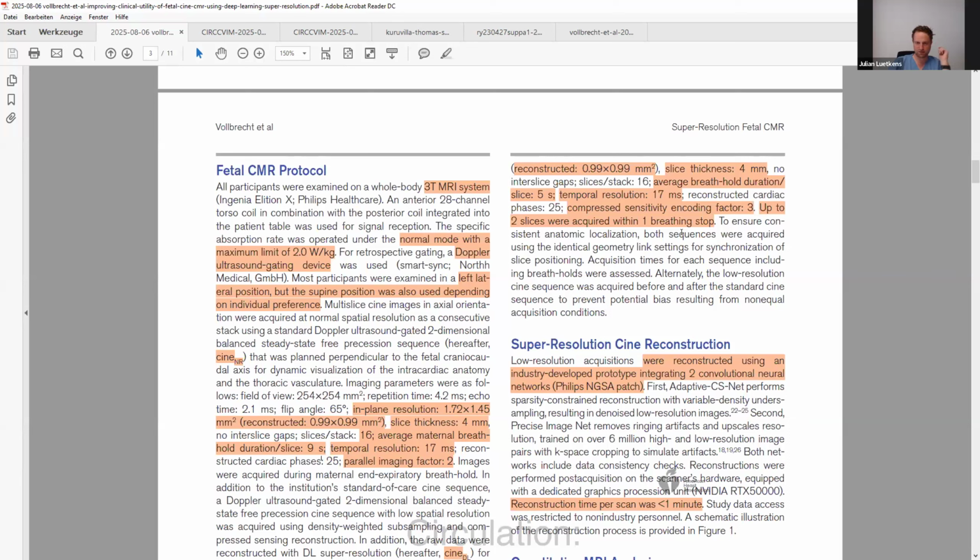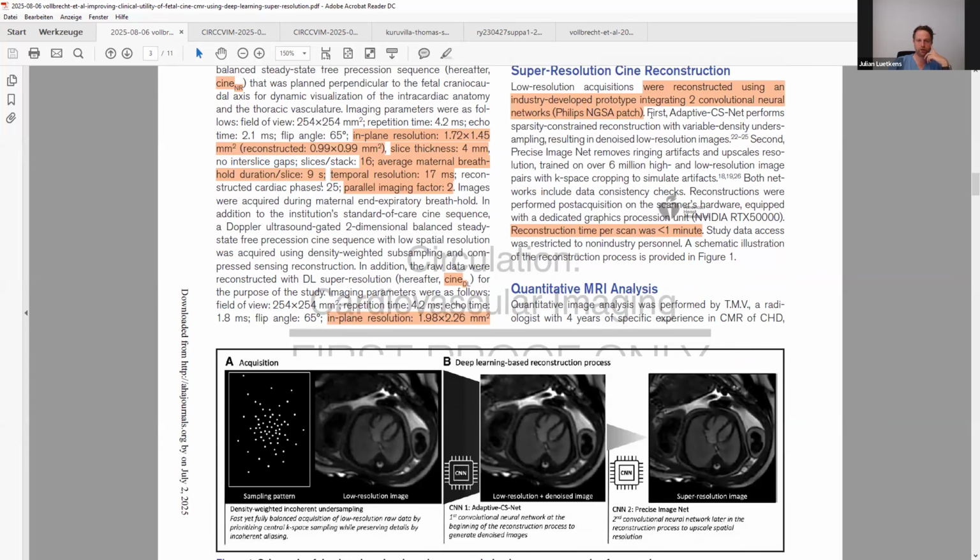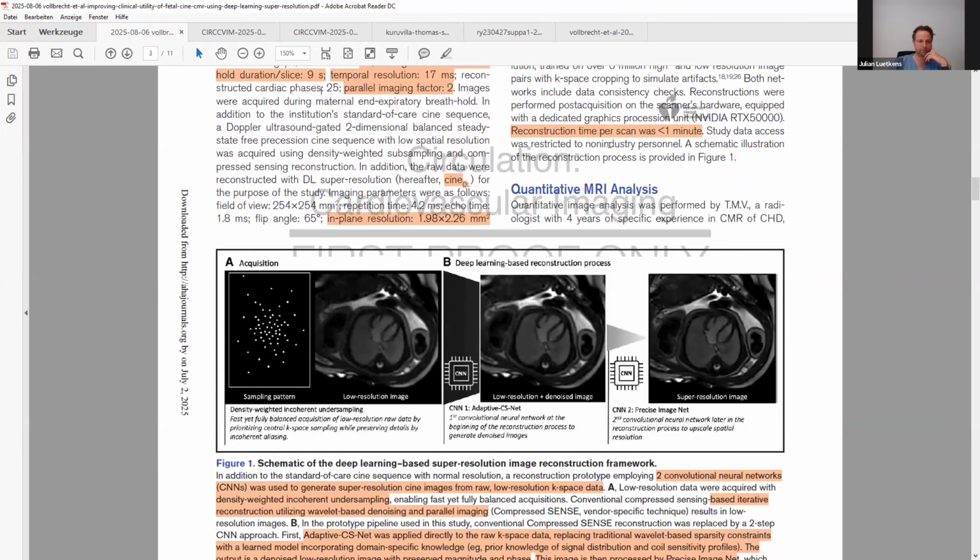All other parameters were the same between these 2 sequences. And the whole super resolution reconstruction technique was performed using 2 convolutional neural networks with a vendor provided prototype patch.